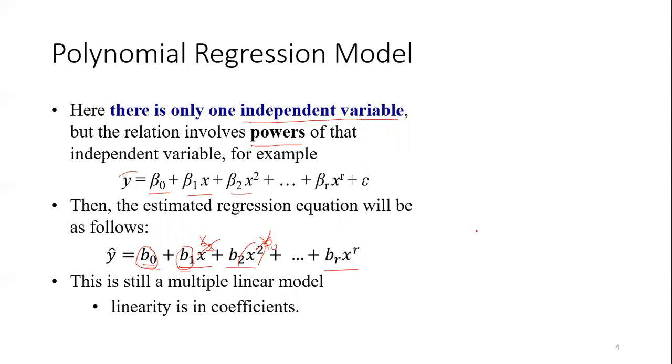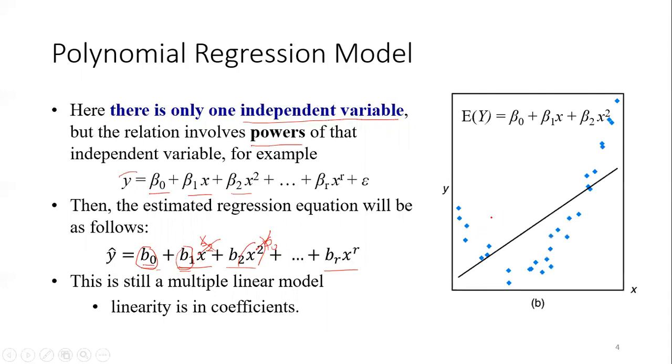We have seen an example before. Remember, we were testing H0: B1 equals 0 versus B1 not equal to 0, and we said that if you are able to reject the hypothesis, it means there is a linear term in the regression function.